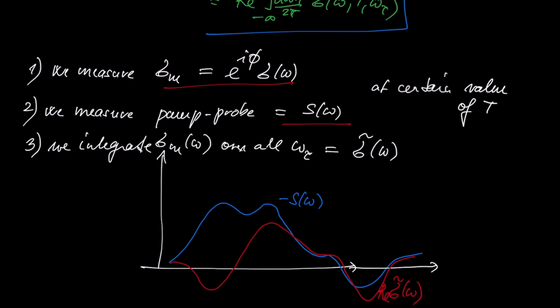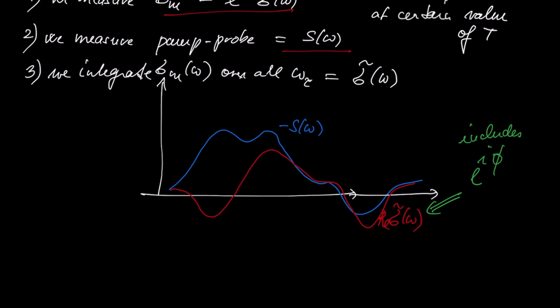In sigma tilde we have the e to the power of i phi factor.